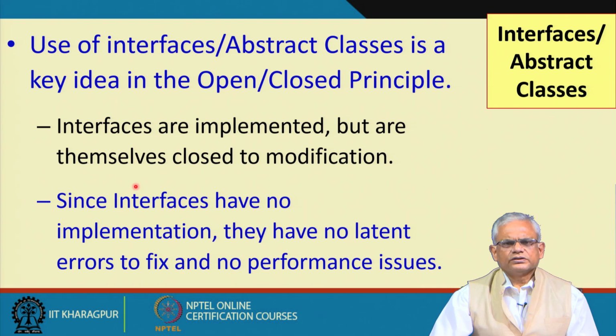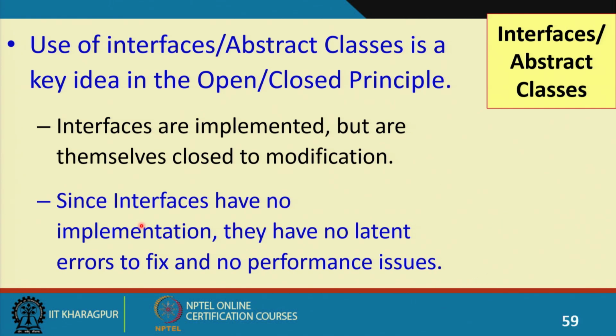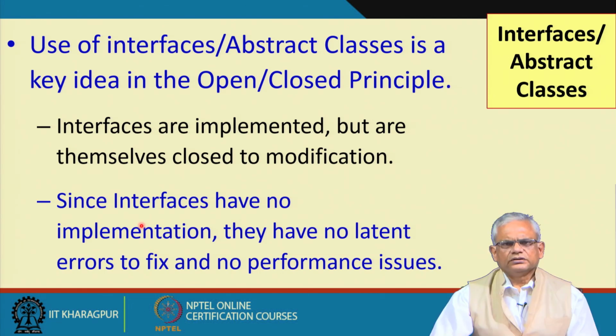The interface is implemented by many classes, but the interface itself is closed for modification. Interfaces do not have any code implementing methods and so on. So, there is no chance of a bug, the interface does not have to change, and there are no performance issues as well, because the interface class does not have the method implementations.